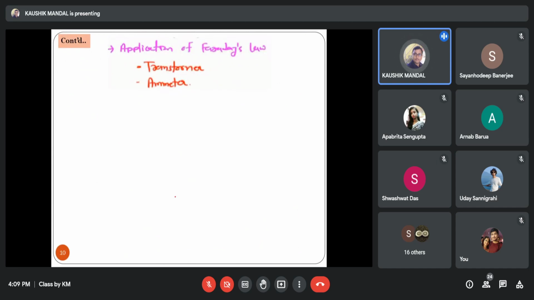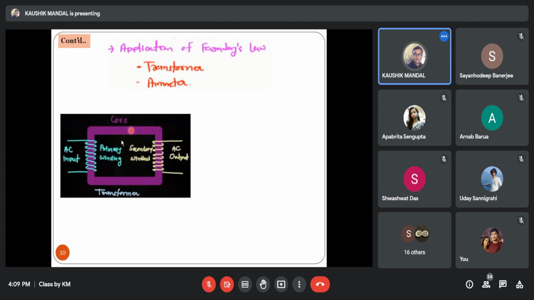As I mentioned, this law coming from Faraday's law is very important, particularly in different applications like transformers and ammeters. This law is followed to build the transformer, ammeter, and many other things. In a transformer, there is a primary winding and a secondary winding.